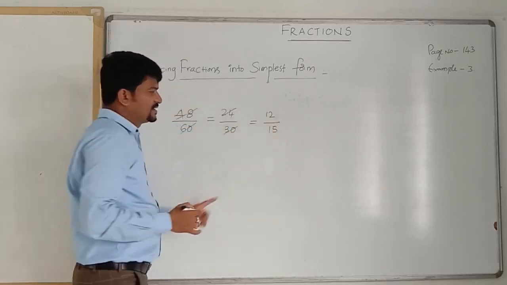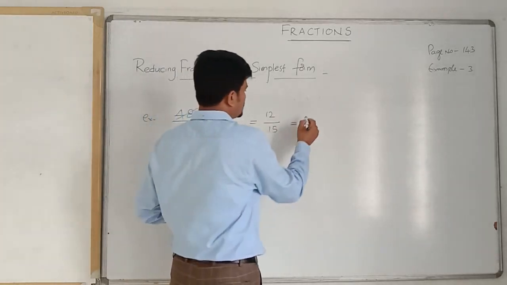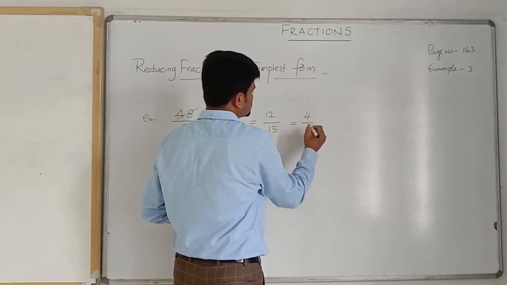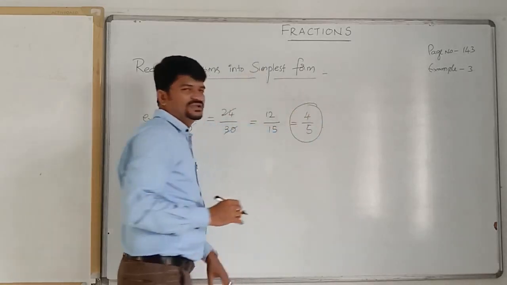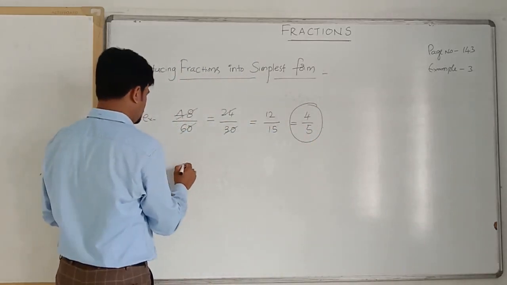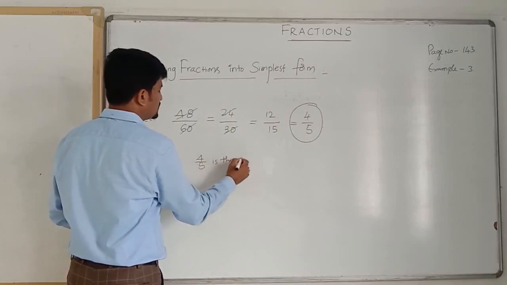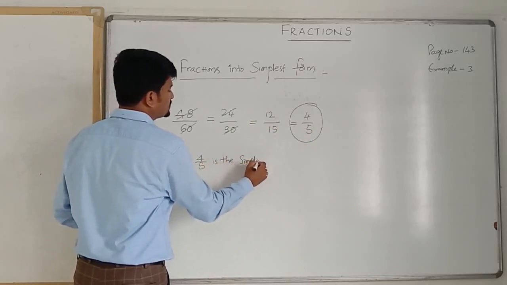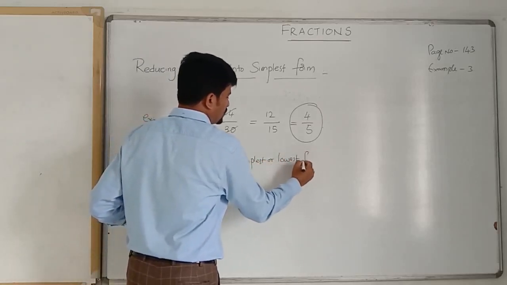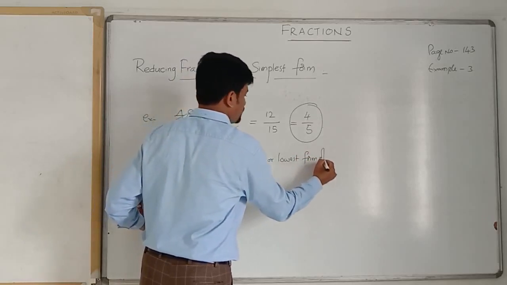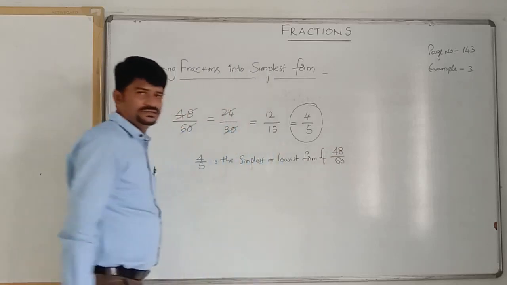Again, we can cut it with 3 because 3 is the common factor for both 12 and 15. 3 4s, 3 5s. That implies 4 by 5 is the simplest form. Therefore, 4 by 5 is the simplest or lowest form of 48 by 60. Am I right?